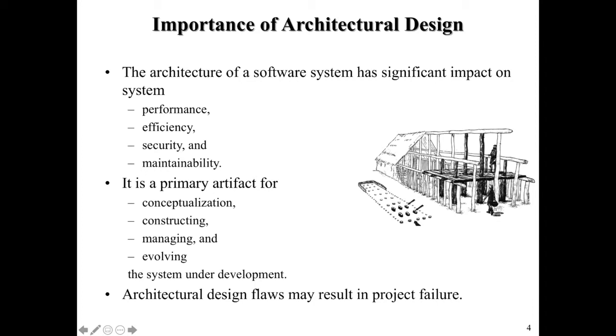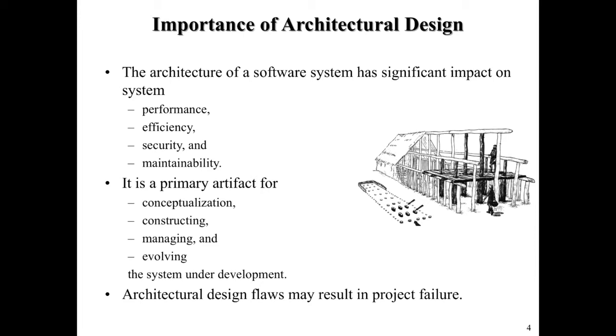If you choose architecture number 1 or 2 or 3, they have different performances, different efficiencies, security measures are applied differently, and they have different maintainability. And your architecture design is a primary artifact for your conceptualization. That is, how you are conceiving your system, how it would be, what its different components will be, how they will be related to each other.